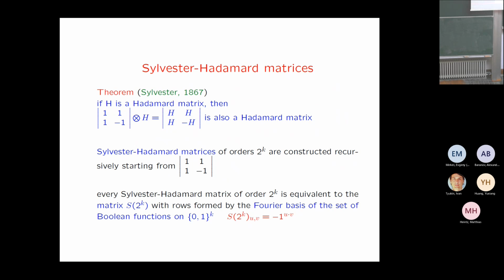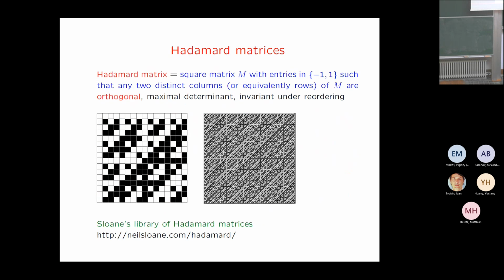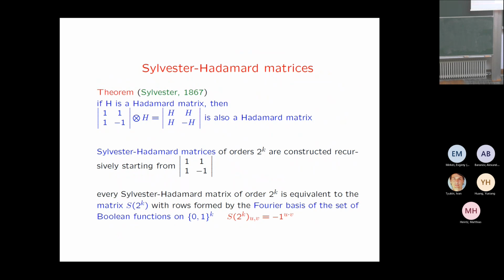These are again ancient concepts, Sylvester-Hadamard matrices going back to the 19th century. They are generated by basically starting with this small matrix, and then you just replace +1 with a copy, and -1 with a copy with the sign minus, and this way you obtain this.